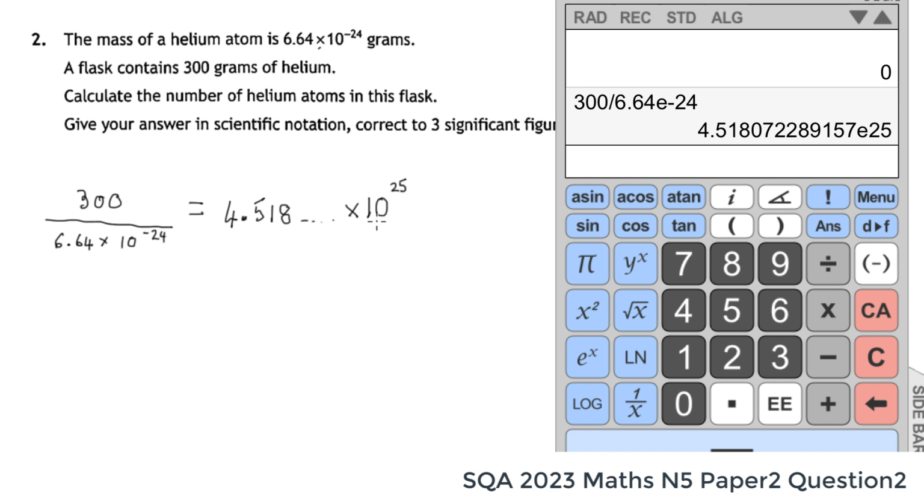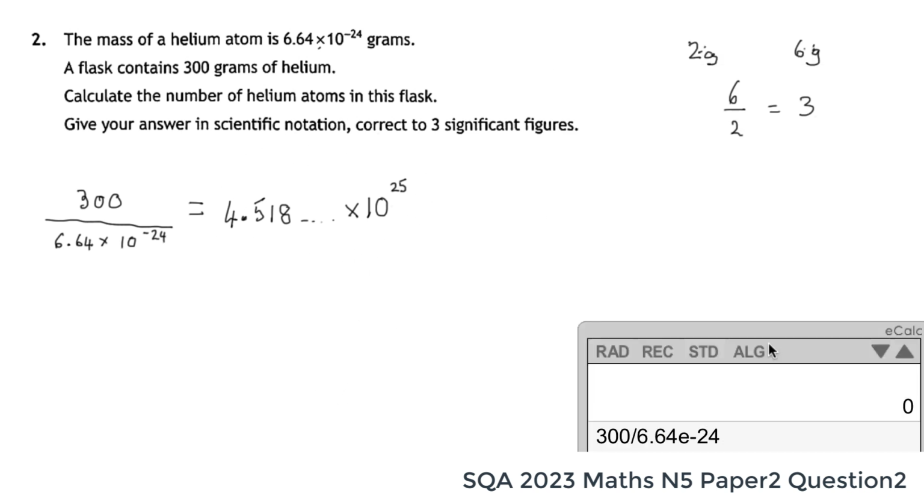Now that's a huge number. It's a 1 with 25 zeros after it multiplied by this. It's an enormous number, and that's what you'd expect. Atoms are very, very small, and 300 grams of helium will contain an enormous number of atoms, approximately this number.